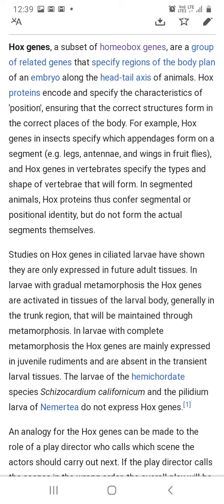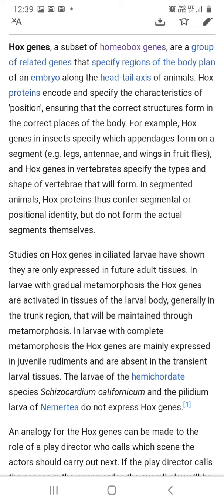Darwin noted that the homologies between the embryonic and larval structures of different phyla provide an excellent evidence for explaining descent with modification.